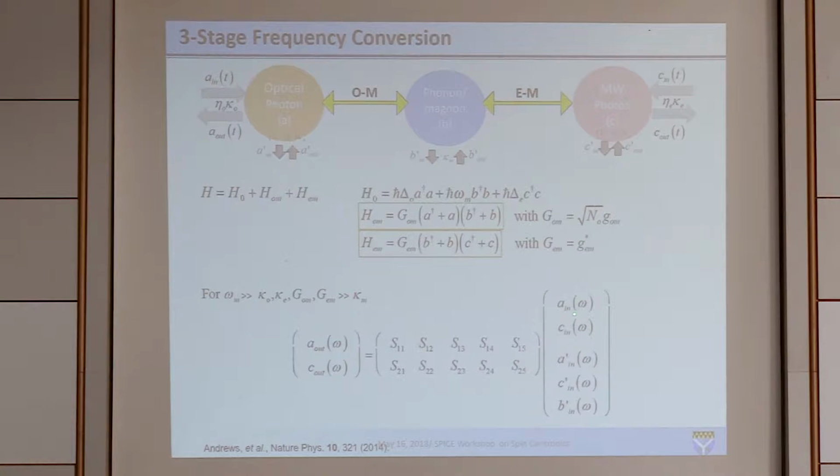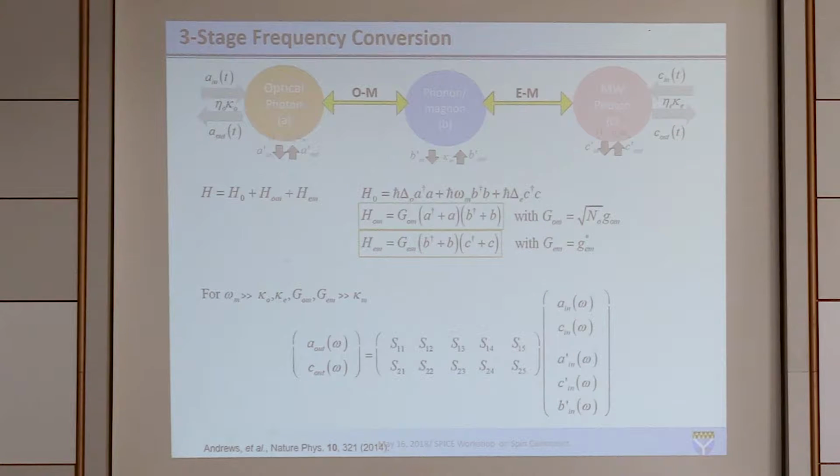So you have input microwave mode, input optical mode. You have 3 dissipative modes over there that act on your input. And then the output modes over here, output microwave mode, output optical mode. And you have a 2x5 matrix. So you eliminate this intermediate mode.